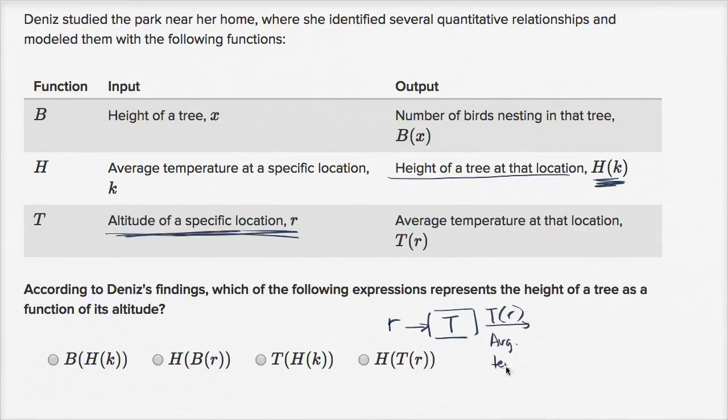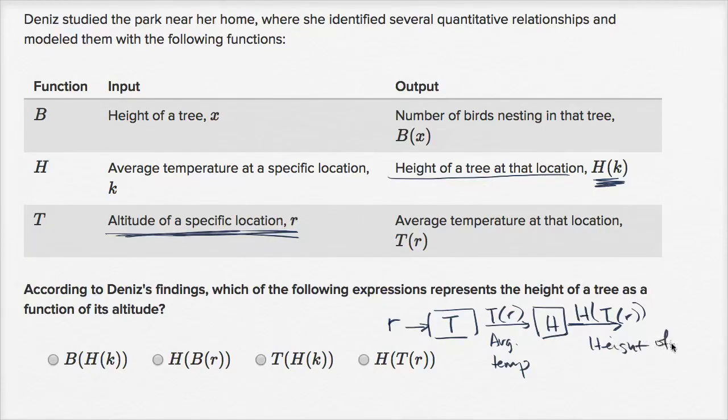And then if we take the average temperature at that location and input it into function H, we are going to get the height of a tree at that location. So we're going to get H of T of r, and so this is going to be the height of the tree at that location.